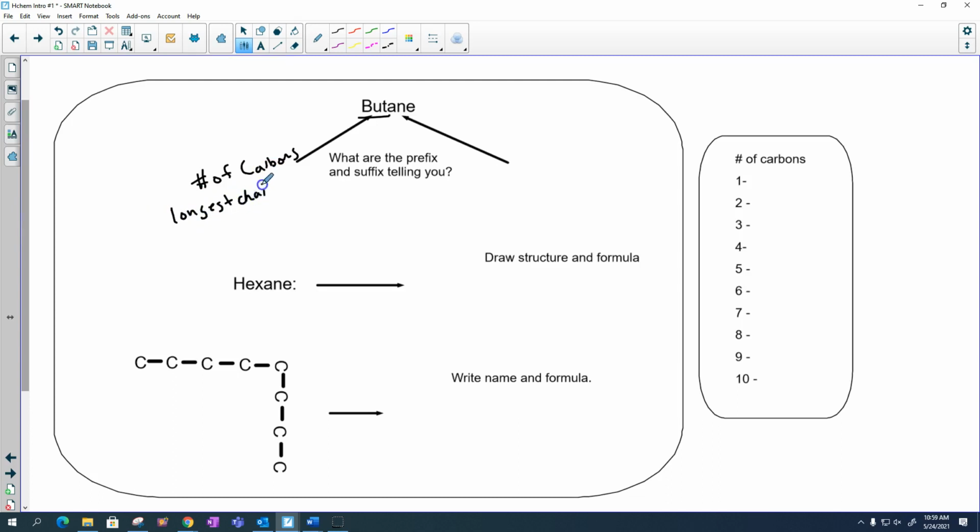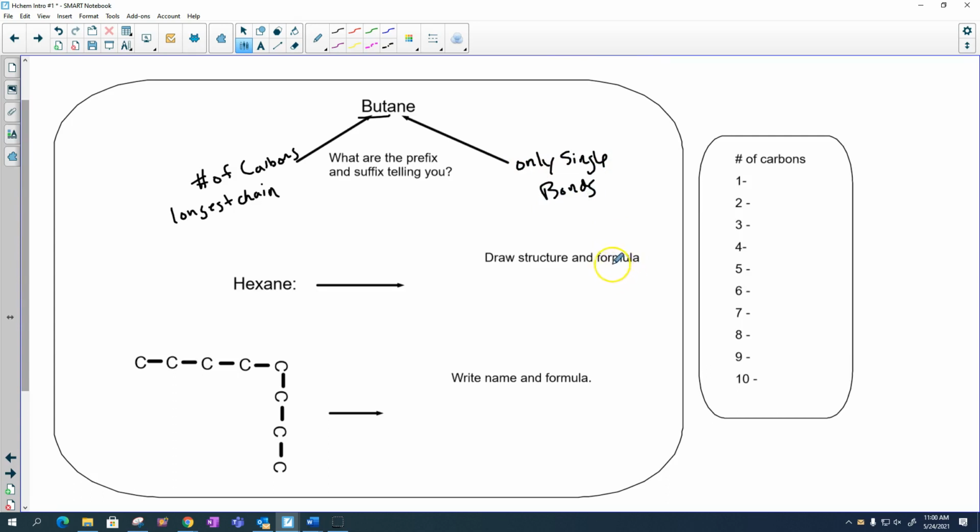The longest continuous chain. It doesn't matter if it's bent or straight. This is a continuous chain. The longest continuous chain. Alright, and then the end here, this "ane" means single bonds only.